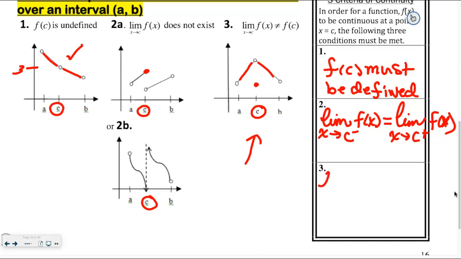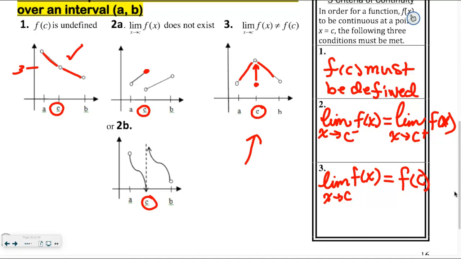So our last one is that the limit, as you approach that value, which in this case is c, from both directions, has to actually be equal to the function value. So that dot would have had to have been defined up there. So we say it has to be equal to where the solid dot is.